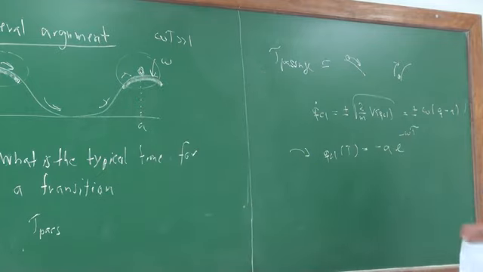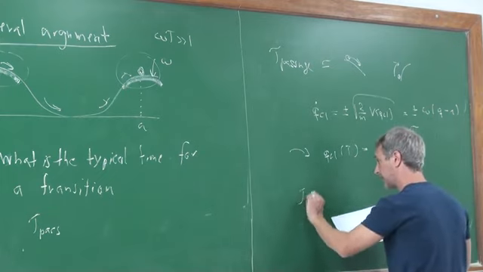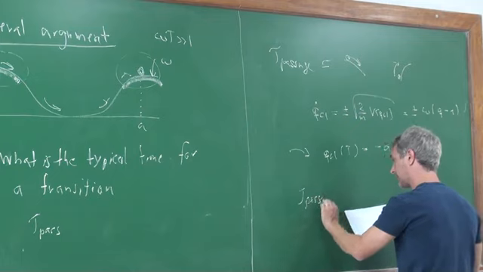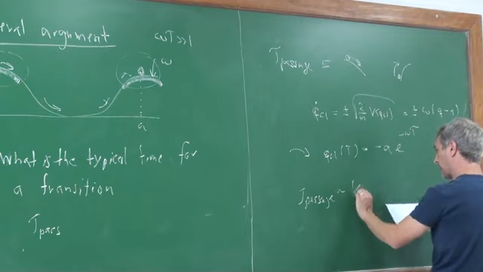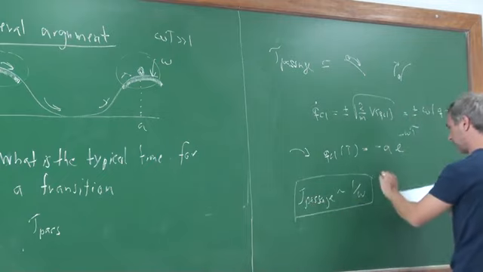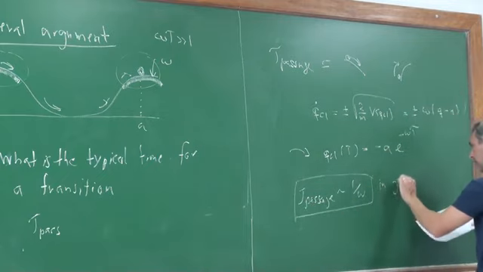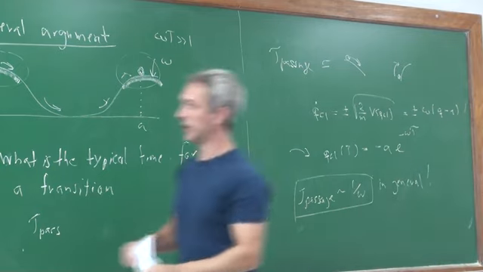Okay, so this is just a simple observation. So we say that the typical passage time is indeed given by 1 over omega, and this is general. This did not rely on the one specific form that we used here.